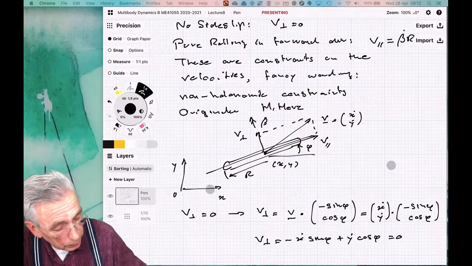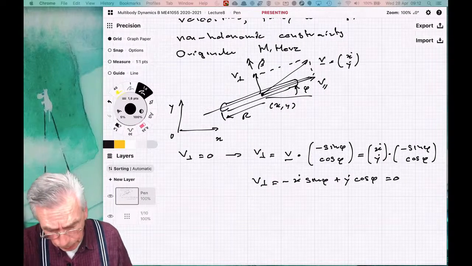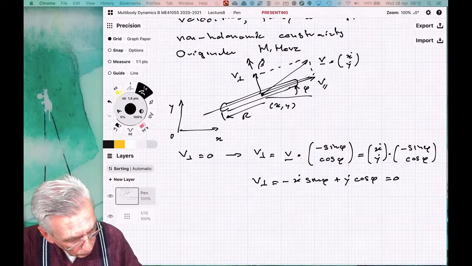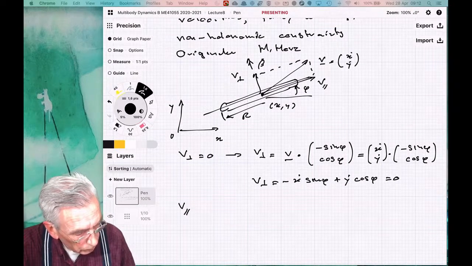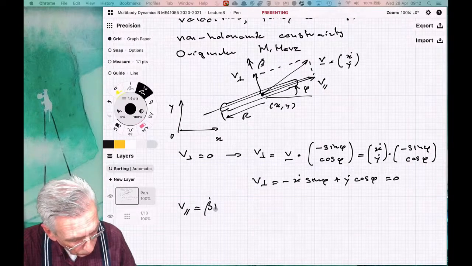So that's the first constraint. Now let's go to the second one about the pure rolling. So there we wrote that v along the direction of travel should be equal to beta dot times r.